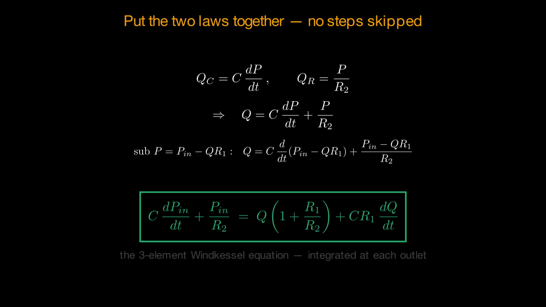Expand the derivative, group the flow terms and the pressure terms, and you land on this, the three-element Windkessel equation. Compliance times the rate of change of the outlet pressure, plus pressure over the distal resistance, equals the flow times one plus the resistance ratio, plus compliance times the proximal resistance times the rate of change of the flow. That's what each outlet integrates every time step.